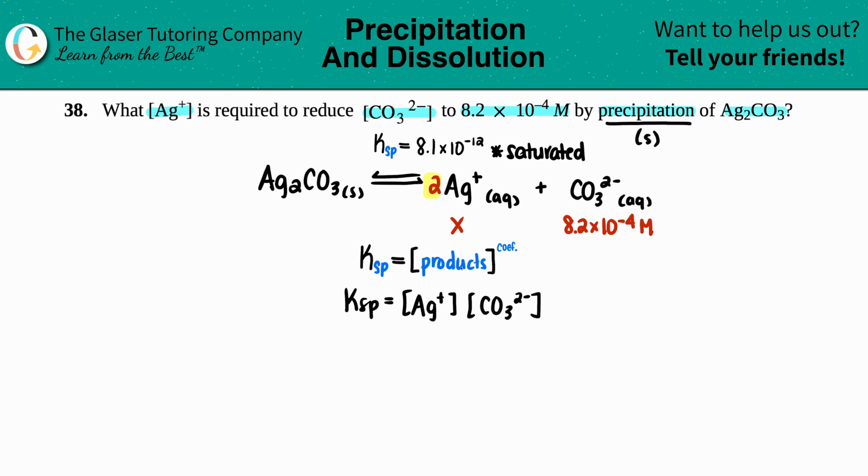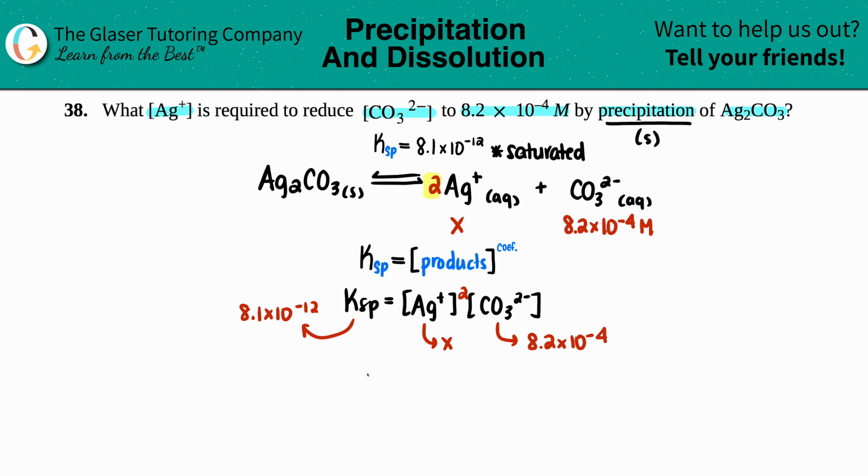So I'm going to have to square that one. I raise the other one to the first, but you don't have to do that. So we got Ag as x. The carbonate ion was 8.2 times 10 to the negative fourth, and the Ksp value that we found in the back of the text was 8.1 times 10 to the negative 12th.